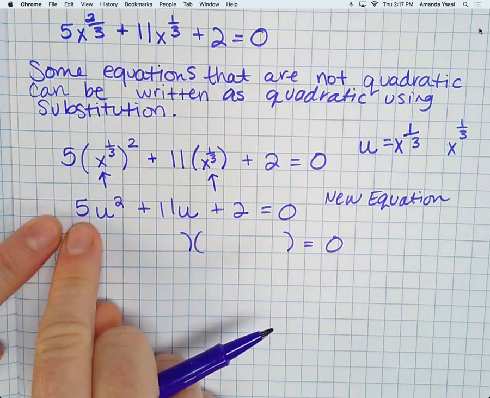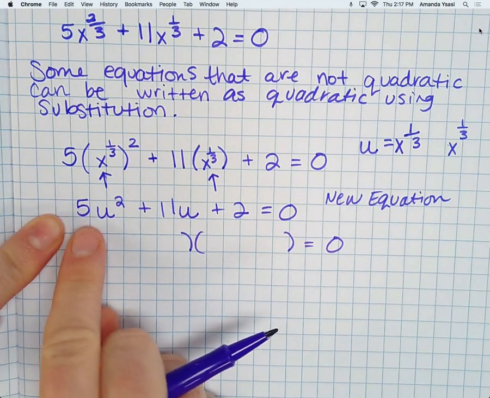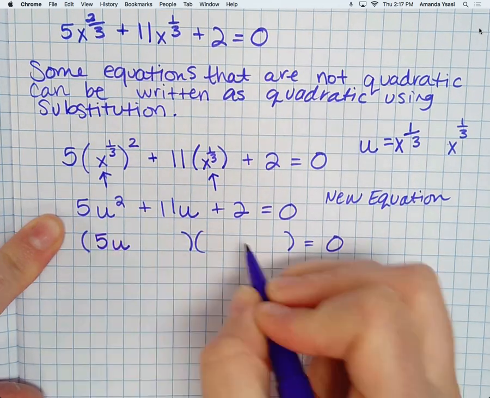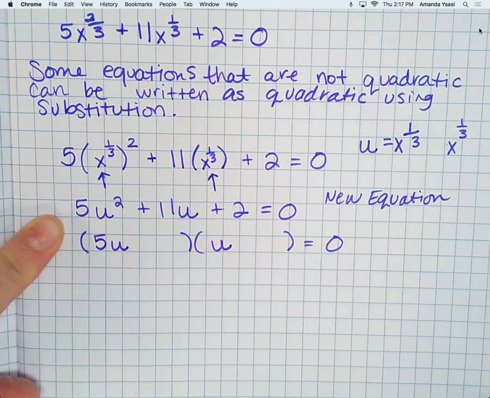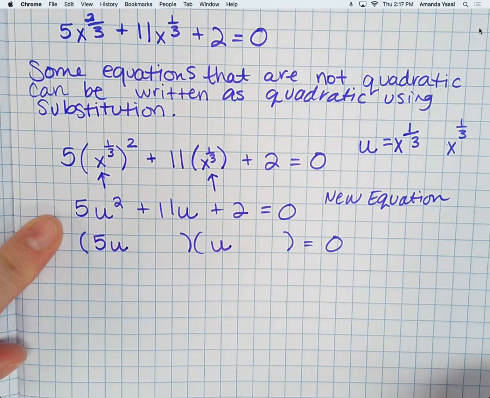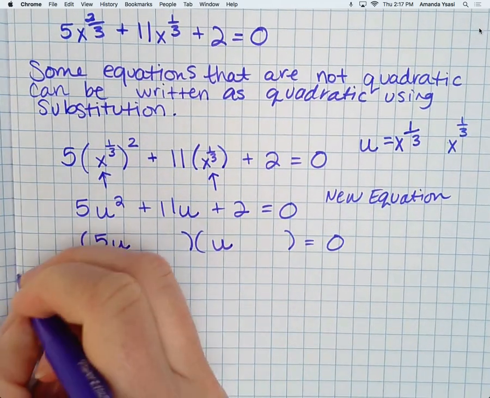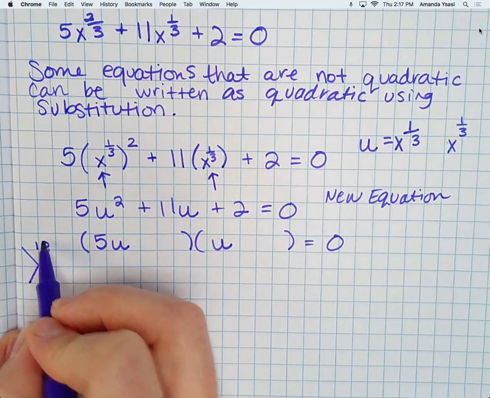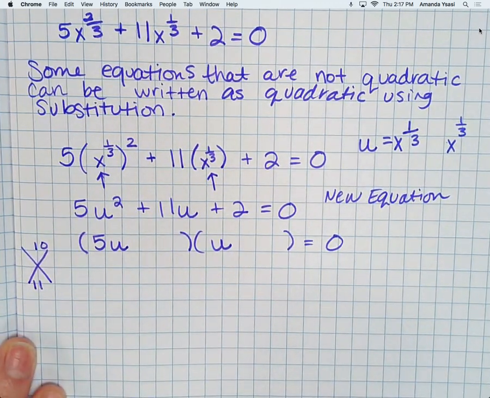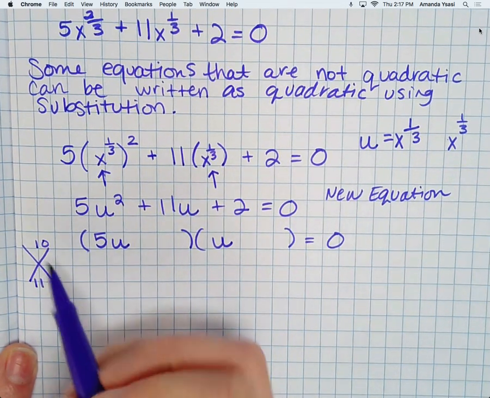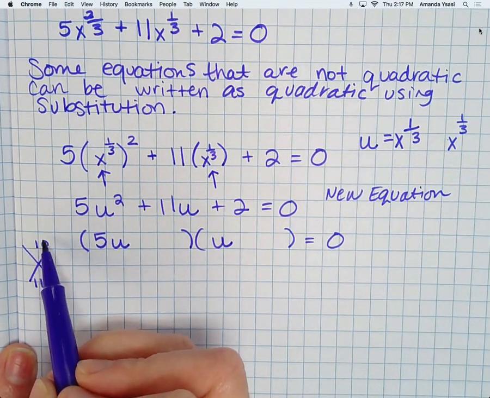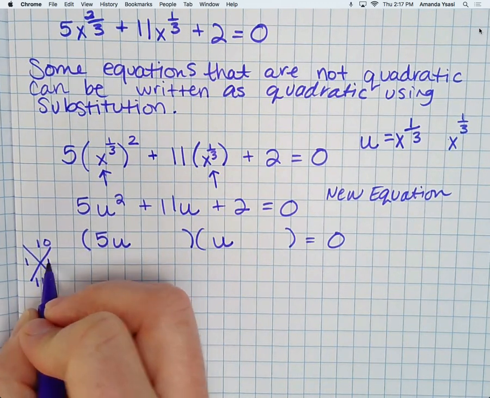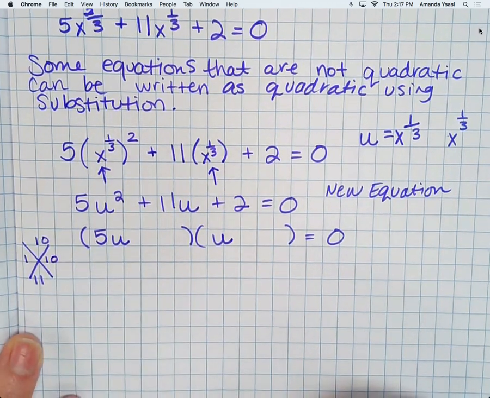So since this is 5, we know the only thing to get 5 is 5 times 1. So this is going to be 5u, and this is 1u, or just u. So if we were to do the x box, 5 times 2 is 10 with a sum of 11. So what has a product of 10 and a sum of 11? 1 and 10.